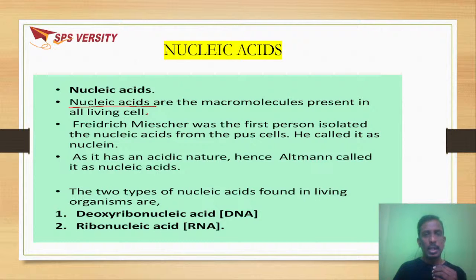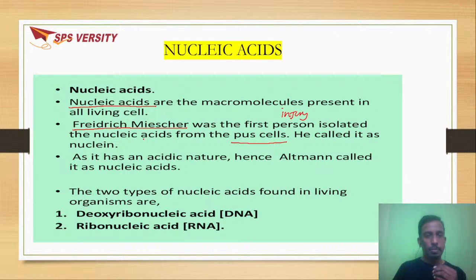The first nucleic acid was isolated by a person called Frederick Miescher, and he isolated it from pus cells. That is, when any injury occurs, pus is formed in the part where the injury took place.